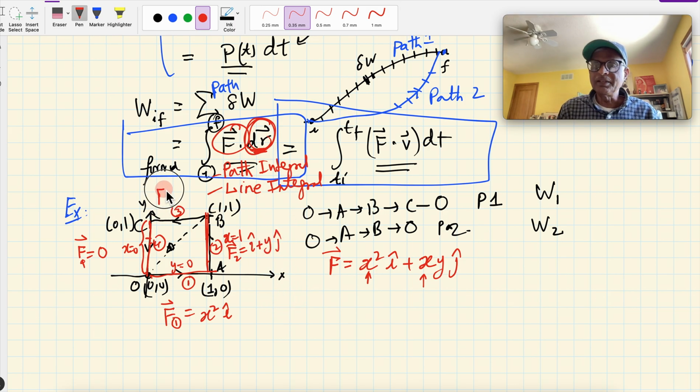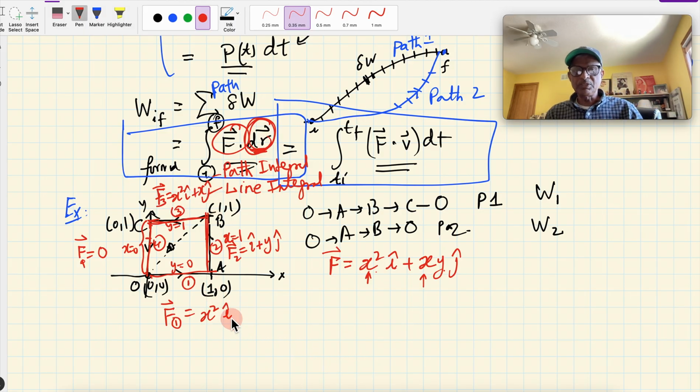And F on 3, what do you think F on 3 will be? On this one y equals 1, so it will be x squared i hat plus x j hat. So those are the forces on the different segments.